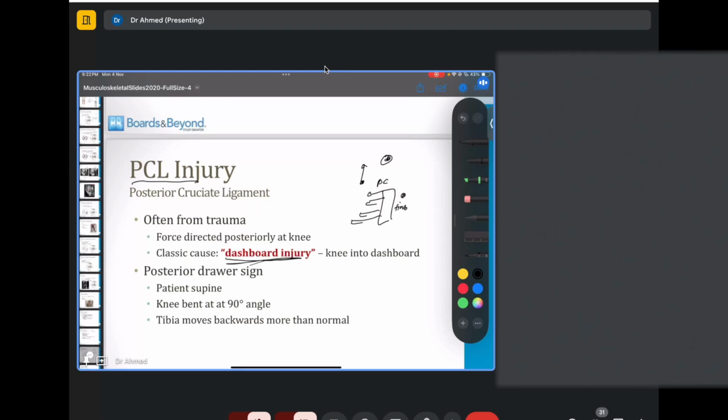You're just pushing your tibia backward, often from trauma, with force directed posteriorly at the knee. Patient in supine, again bend to a 90-degree angle, and this time just move it backward. If you have more backward movement, it would indicate damage to your posterior cruciate ligament.